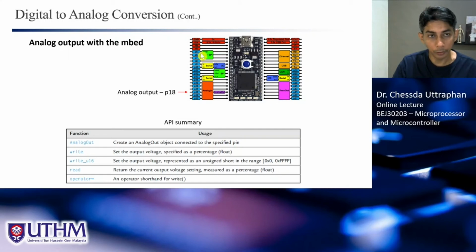But by using software, actually you can use any of the digital pins here to create the PWM signal. But by using hardware, you need to use only these six PWM pins to generate the PWM signal, P21 to P26, right?